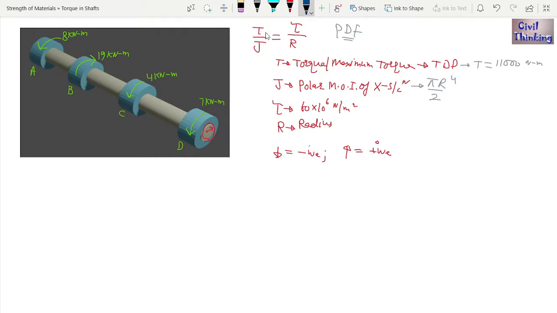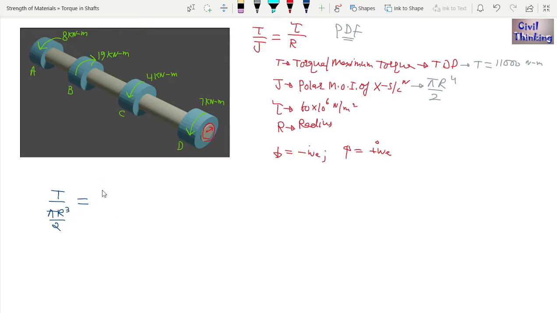So let me erase this first. Now from here we can rearrange this. T is the torque and J is pi r^4 divided by 2. So I can write T divided by pi r^4 divided by 2 is equal to tau divided by r. Now it is r^4 and this is r, so this r will cancel out, and this 4 will convert into 3.